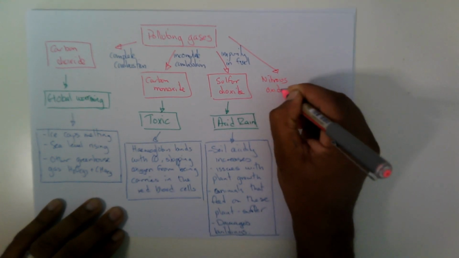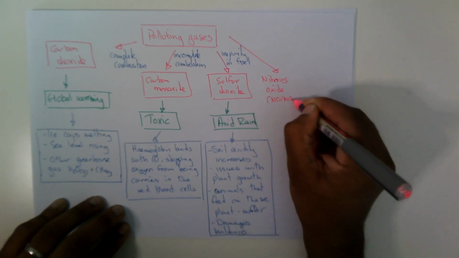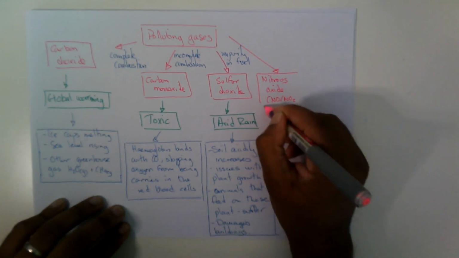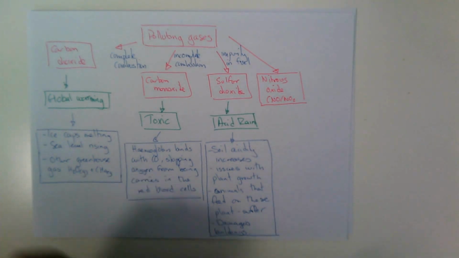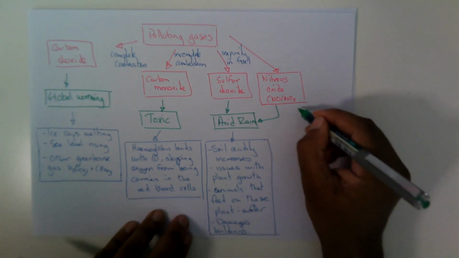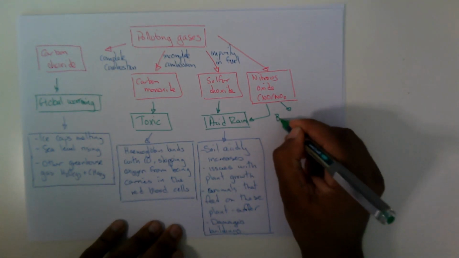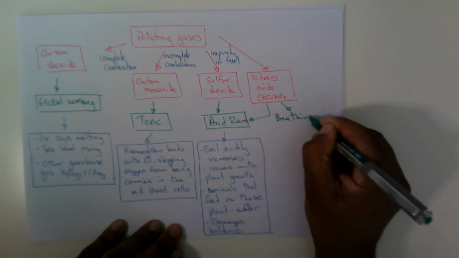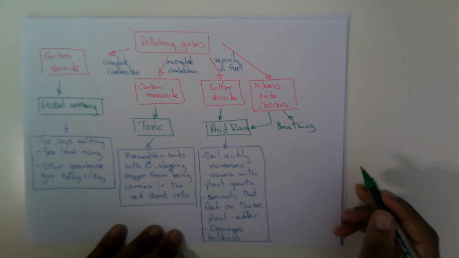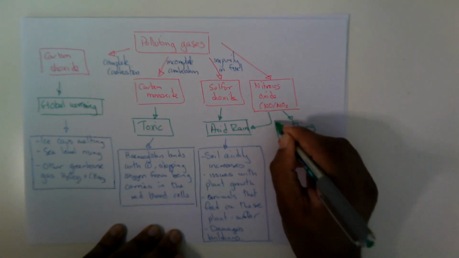Nitrous oxide just means nitrogen monoxide or dioxide, so NO or NO2. These gases can contribute to acid rain, so that's one of the issues. The other issue is that it can cause breathing difficulties, particularly in cities and towns. People who suffer from asthma can be affected by nitrous oxide.